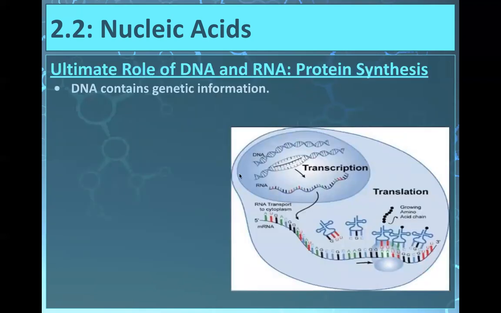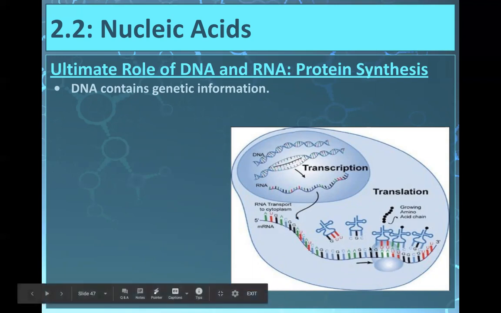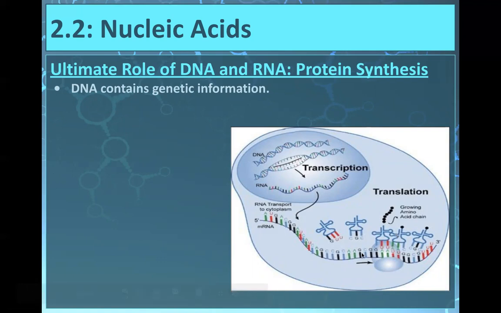Okay, so transcription is the process in which an RNA copy is made of a certain gene. The RNA can leave the nucleus and go to the ribosome, where it undergoes translation, which is where every 3 nucleotides will code for a certain amino acid, okay?